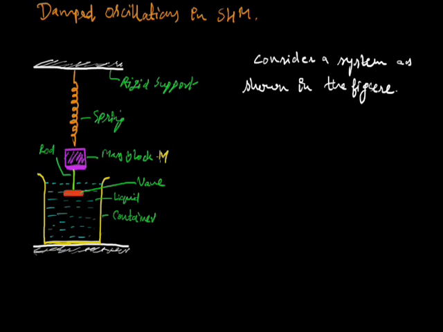Its mass is capital M. The mass block is connected to a rod, and the other end of the rod is connected to a vane which is submerged into a liquid. The liquid is filled in a container, and that container is placed on a surface.